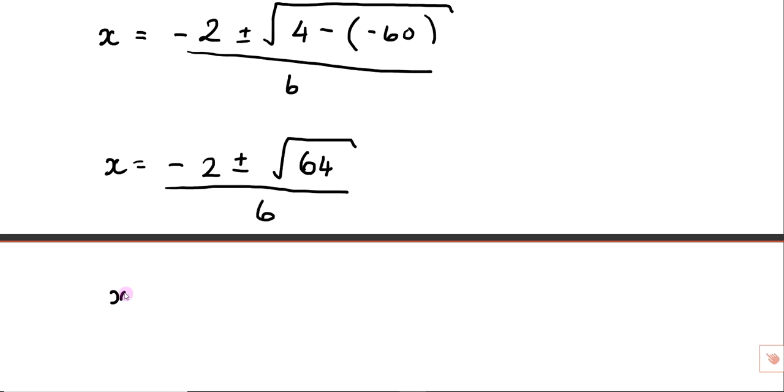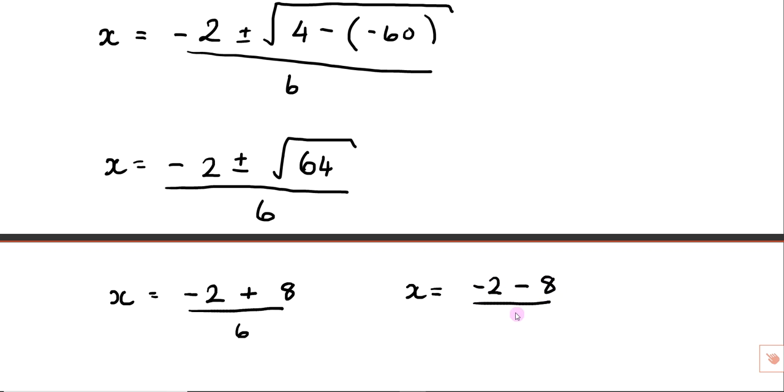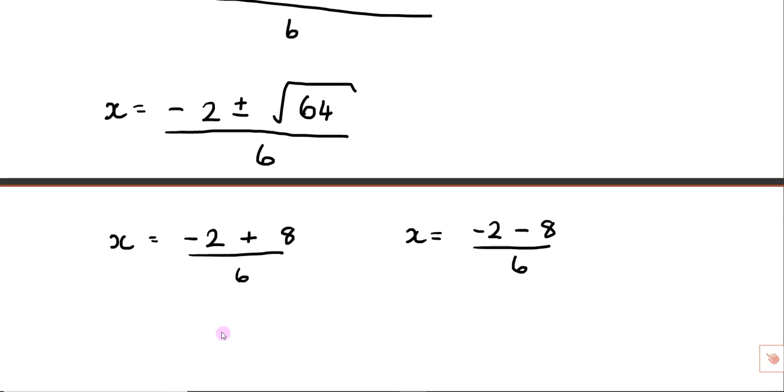That then gives me x equals minus 2 plus the square root of 64, which is 8, over 6, and the other solution is x equals minus 2 minus 8 over 6. So I split it there and then finish it off.